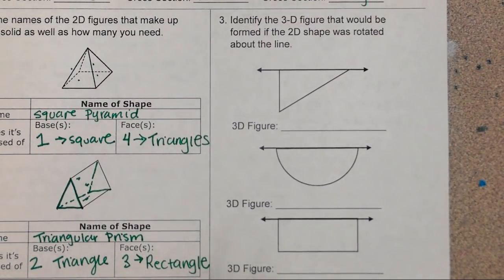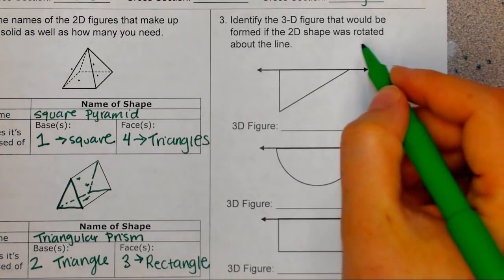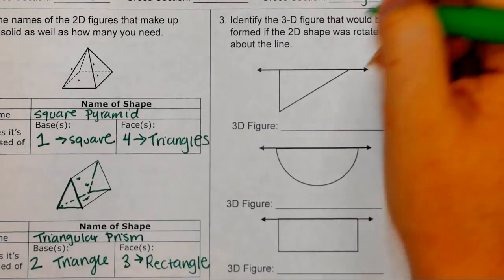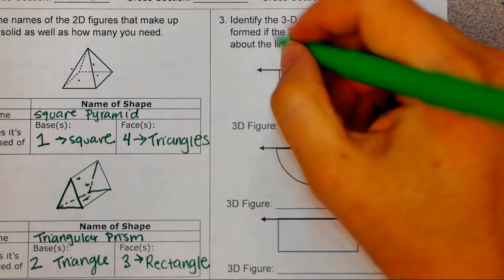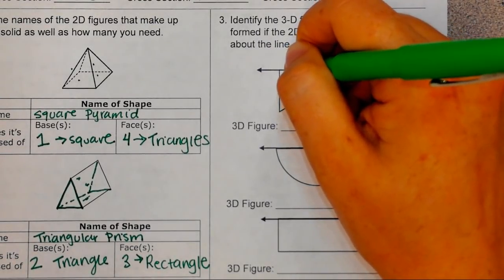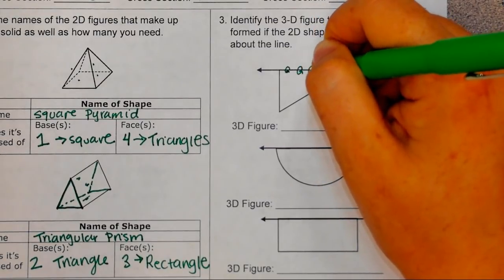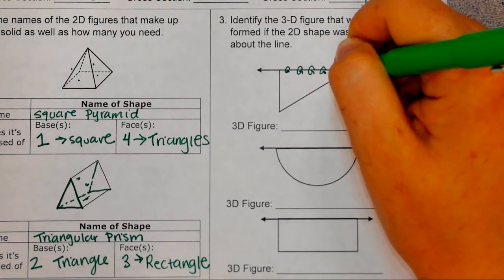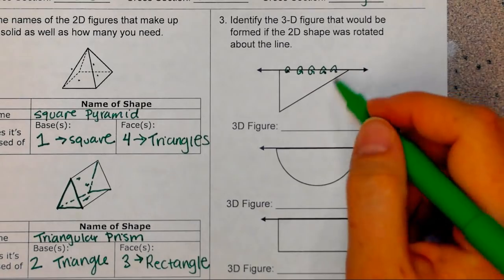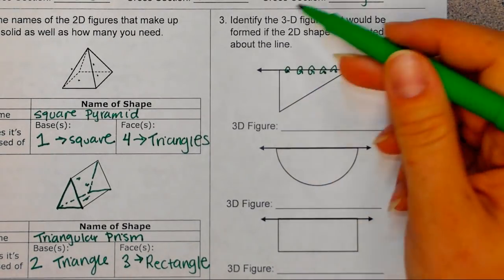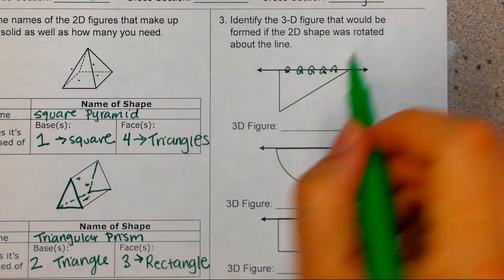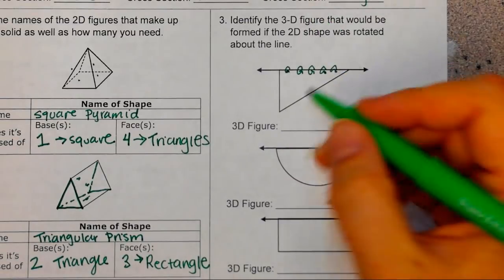Okay, number 3. It says identify the 3D figure that would be formed if the 2D shape was rotated about the line. So you have to imagine that this line is spinning around and around, and this 2D shape is also getting spun and rotating around as this line rotates.